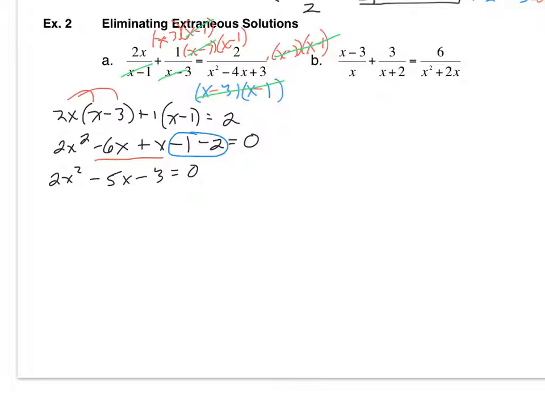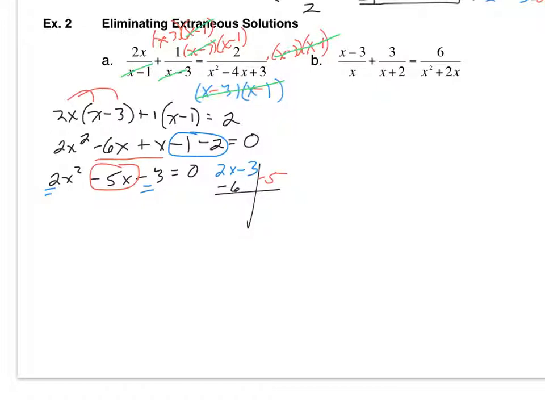So this is a harder one to factor. You could either use the quadratic formula or factor. So I'm going to take my bookends right here, and I'm going to take 2 times negative 3. What do I get? Negative 6. So I'm going to factor negative 6, and I'm looking for this middle term here of negative 5.